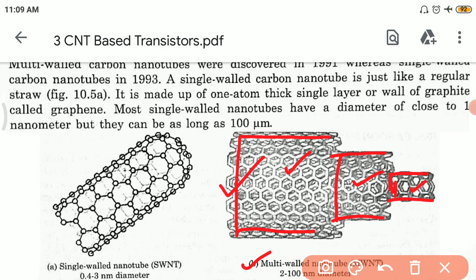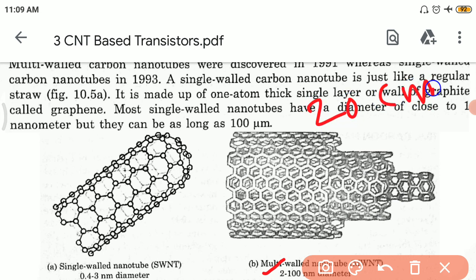Now here the diameters of these multi-walled nanotubes can be between 2 to 100 nanometers, and their length can be up to 20 centimeters. It can range from one outer and one inner tube, that is a double-walled nanotube, to as many as 100 tubes or walls or more.